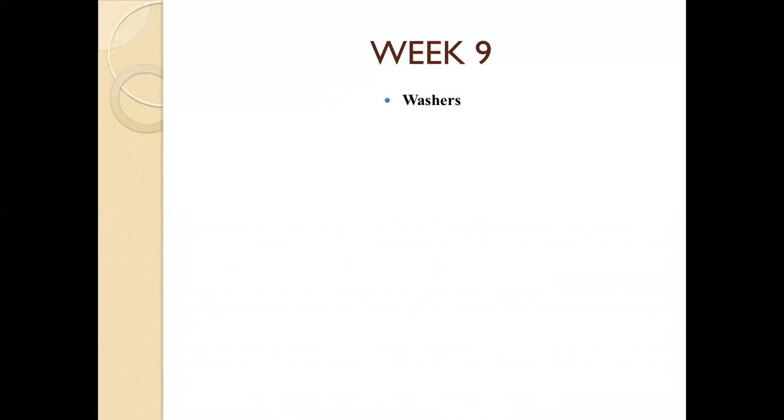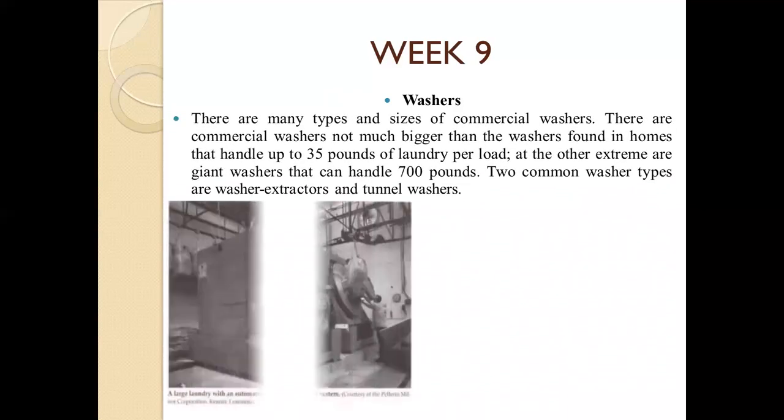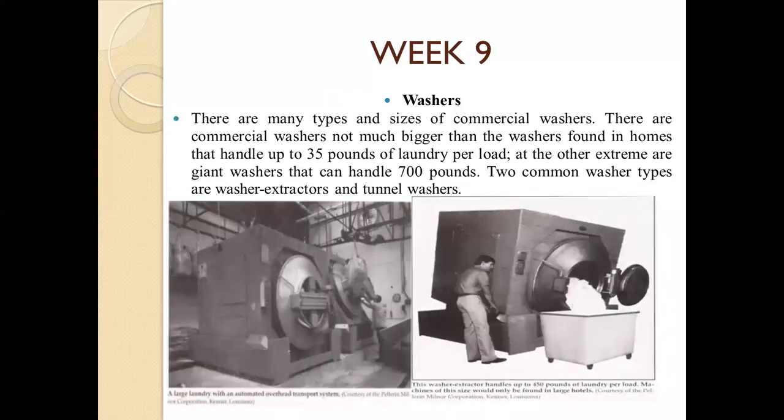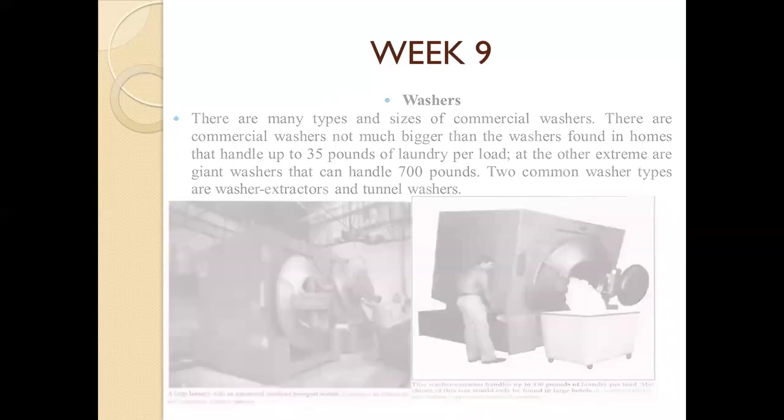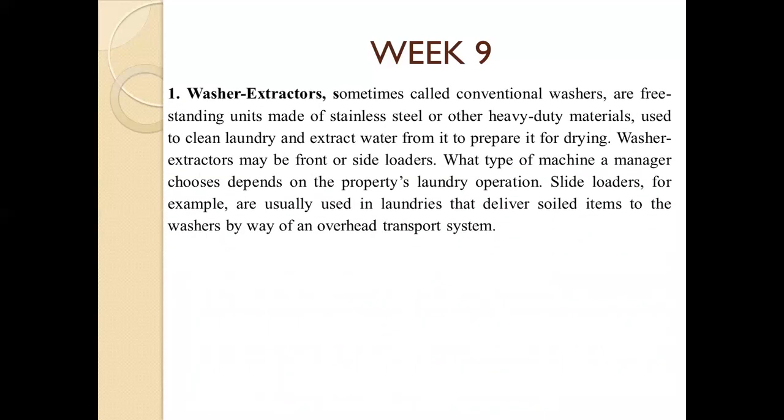As we can see in the picture, these are the two common washer types: the washer extractor and the tunnel washer. The washer extractor is sometimes called a conventional washer. These are freestanding units made of stainless steel or other heavy-duty materials, used to clean laundry and extract water from it to prepare it for drying.